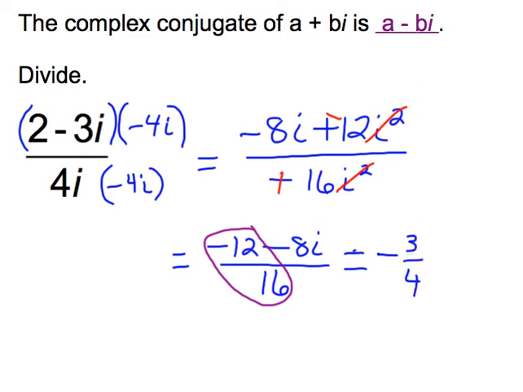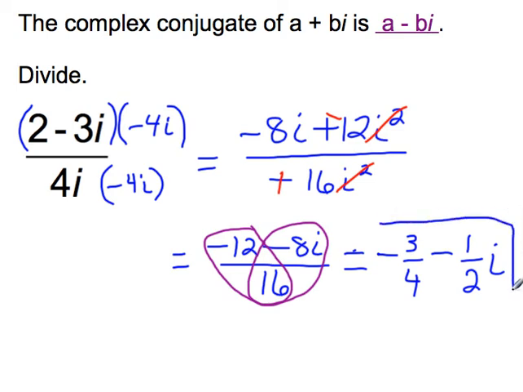Then we also have to take these two, and that makes a heart. So if I ever say the heart thing, you'll know what I'm talking about. And we've got negative over positive, so it's still going to be minus. And then 8 over 16 is 1/2 i. Okay? -3/4 minus 1/2 i. So now that is the final answer written in complex number form.